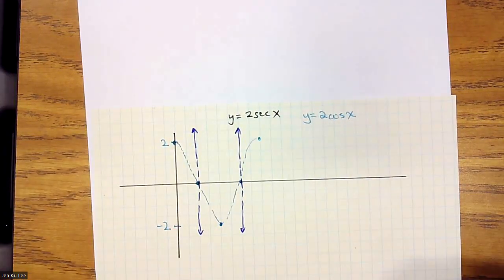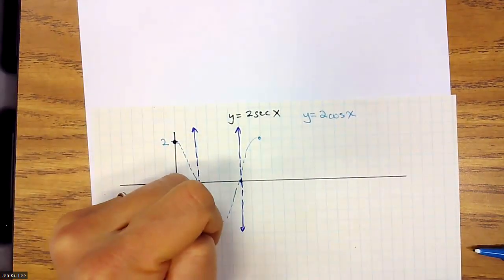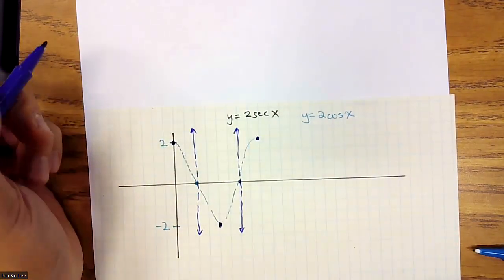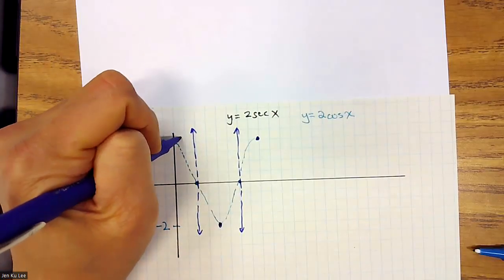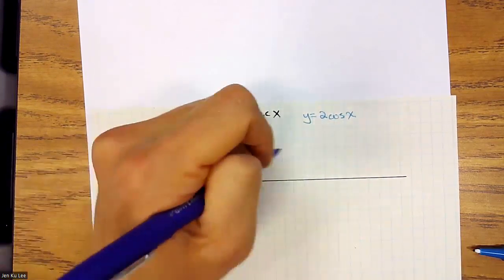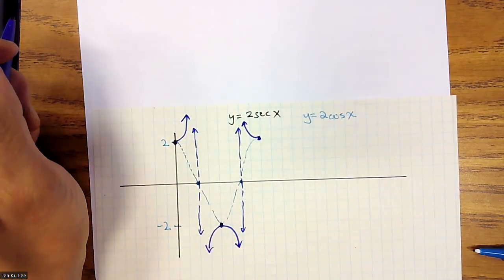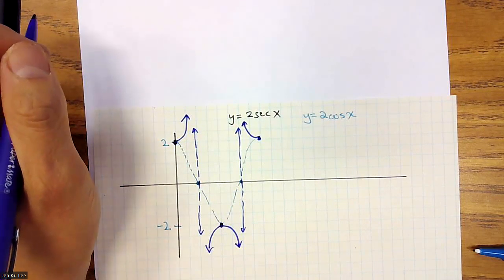Okay? And then going away, get my vertex of the parabola, going away from the cosine function towards my vertical asymptote.